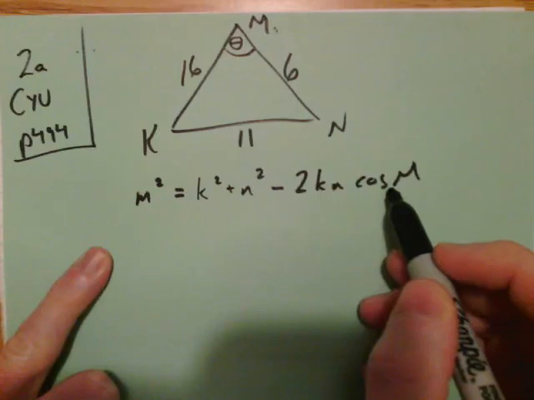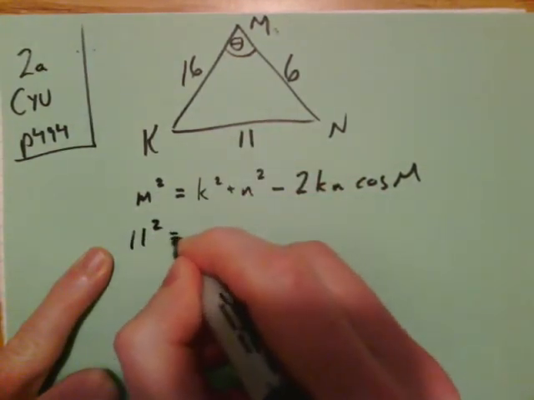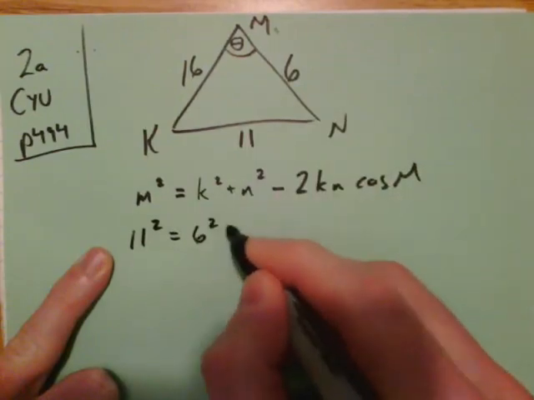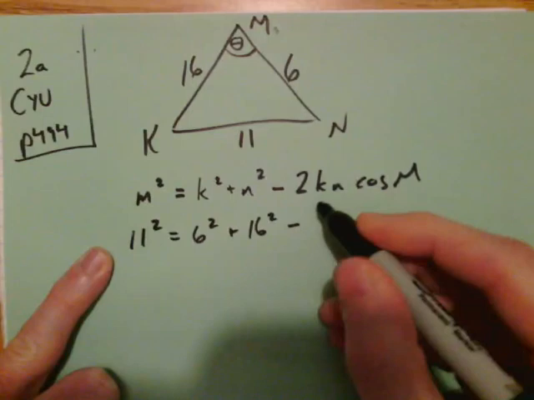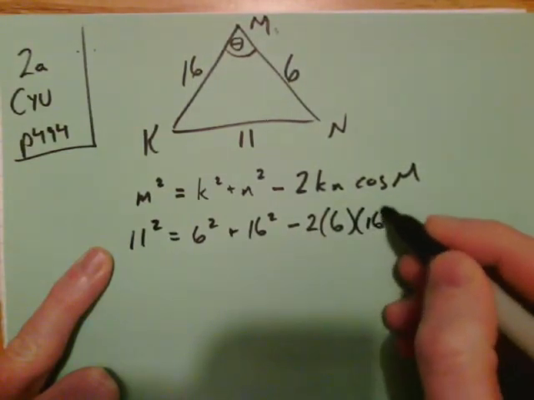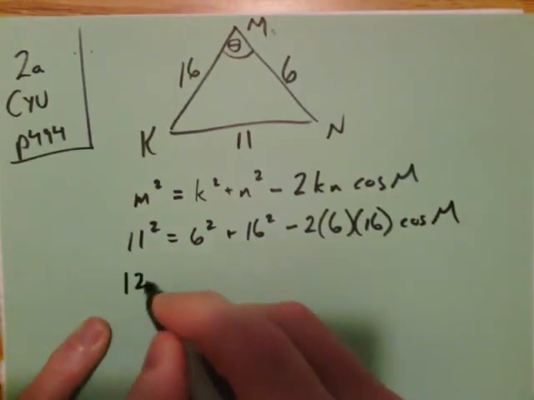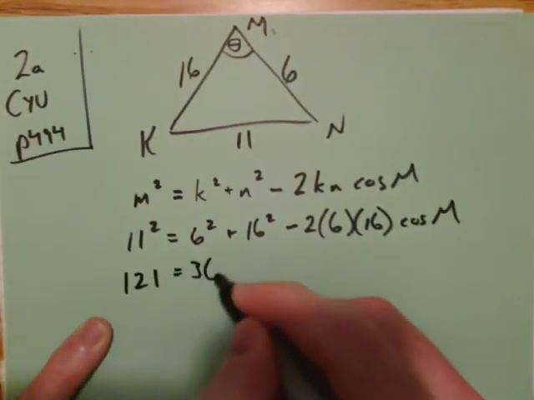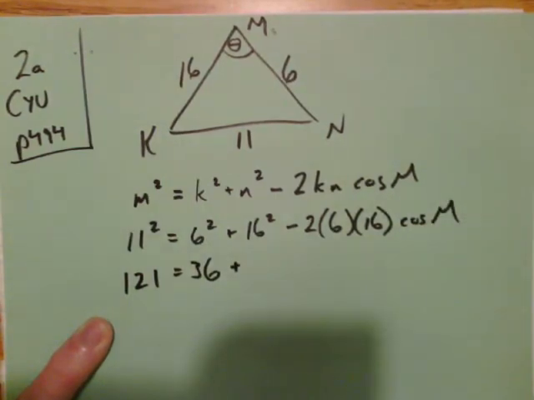So m squared, that's 11 squared, equals k, which is 6 squared, plus n, which is 16 squared, minus 2 times 6 times 16 cos of m. 11 squared is 121, 6 squared is 36, 16 squared is 256.